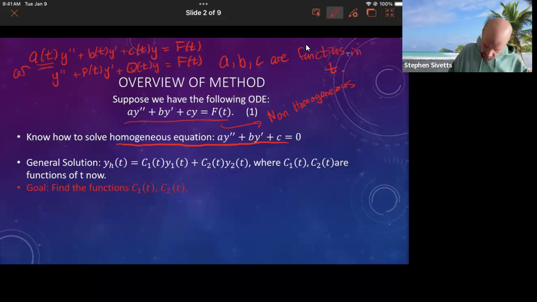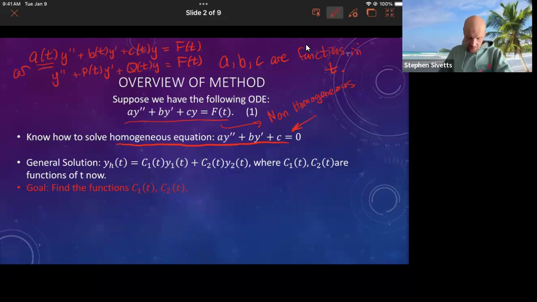But it's just the same thing, right? We just restrict our domain where a of t is not 0, right? But nevertheless, we know how to solve homogeneous differential equations like this, right?